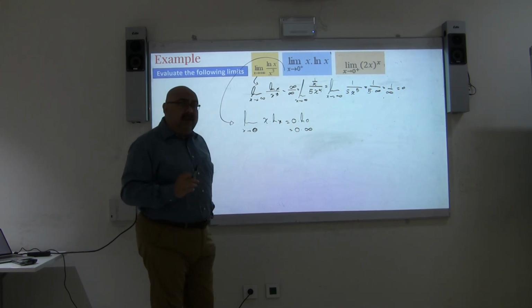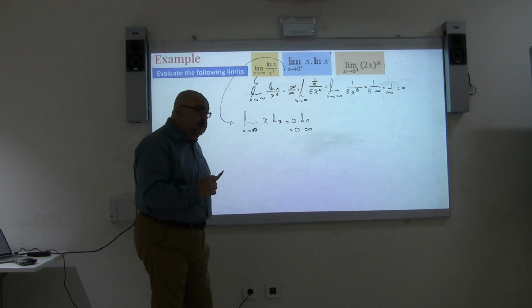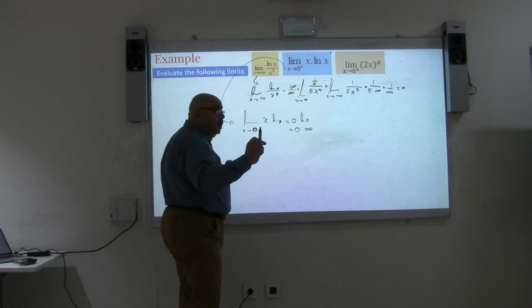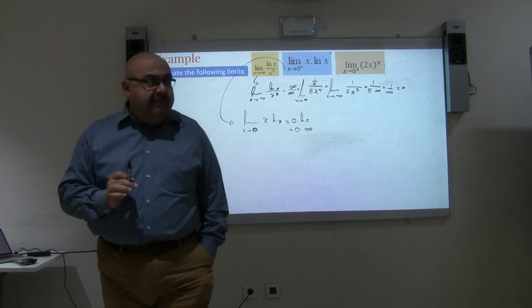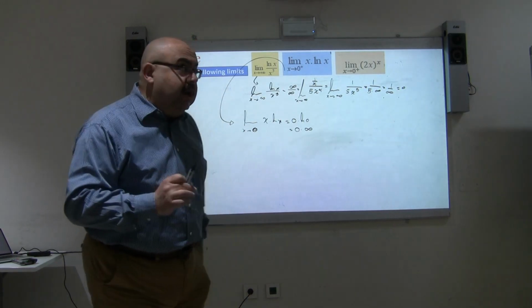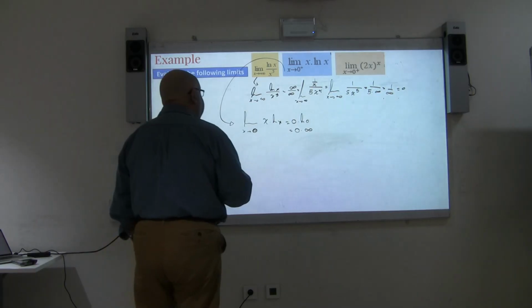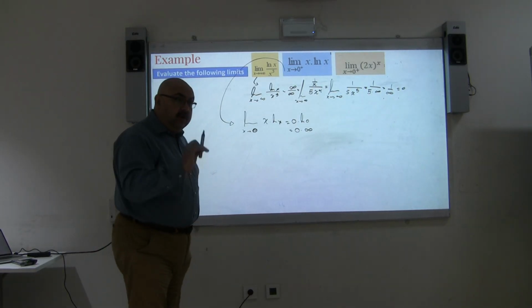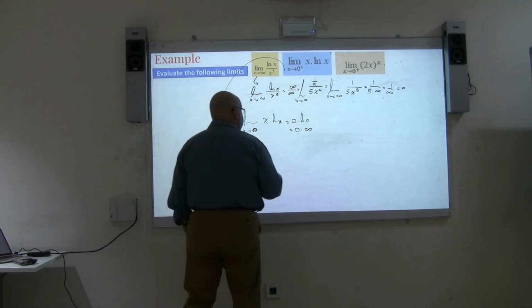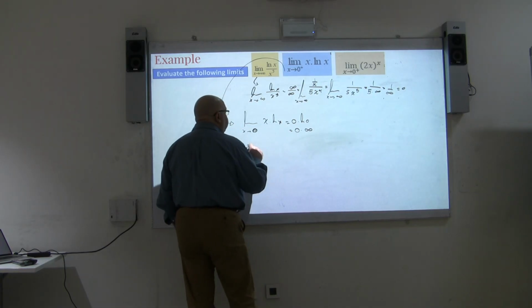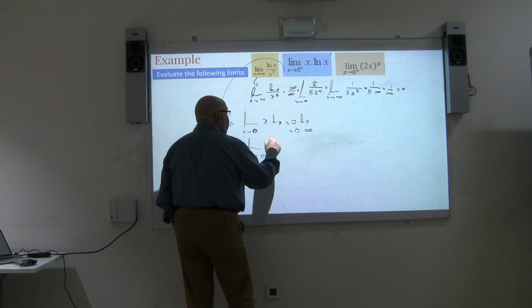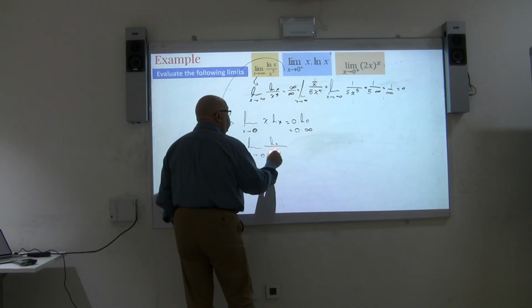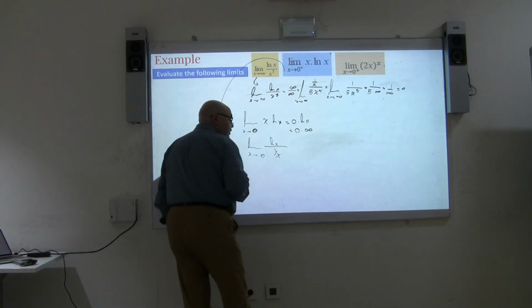And unfortunately, I can't apply Cauchy's rule directly. But remark that I can use one of the advantages of changing an undefined value from one form to another. So simply, I can do the following. Let's put it this way: limit x tends to 0, and then I will have ln x divided by 1 over x.